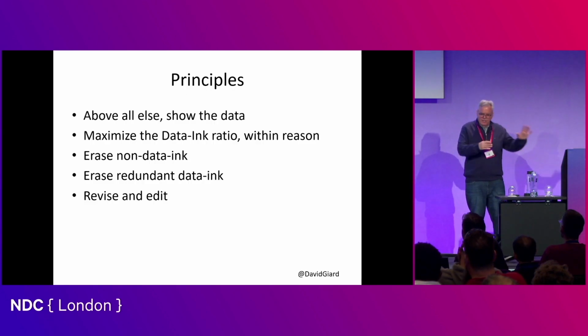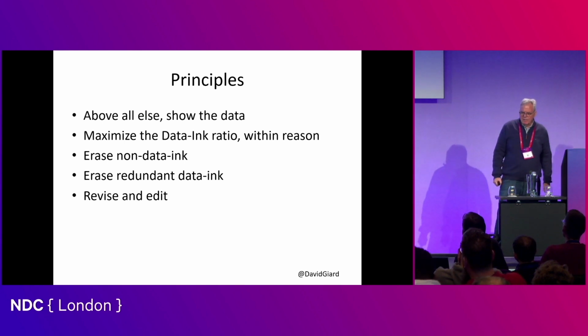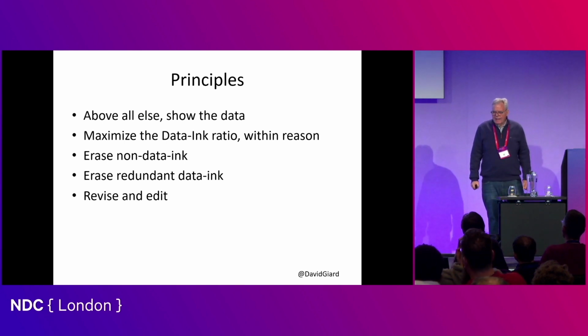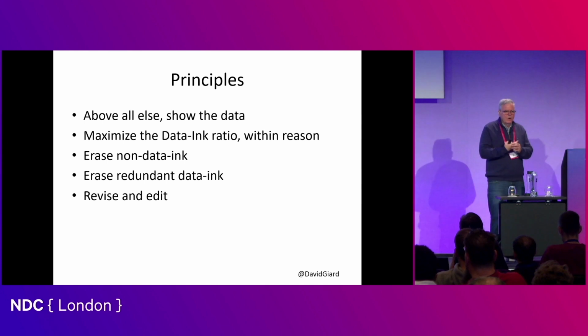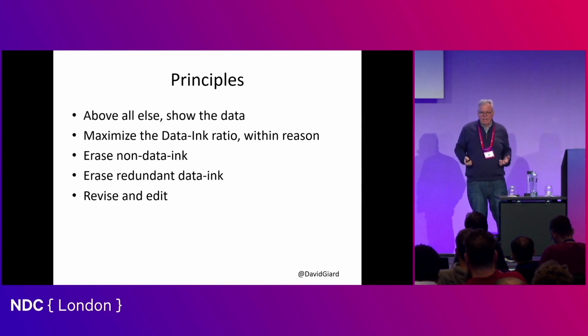All right, so this section here, just some takeaways from it, and I'll provide a link to the slide deck if anybody wants it afterwards. Number one, what is the data? What are you trying to show? And show that data. Number one priority is the data over everything else. And think about the data ink ratio. This was like an epiphany for me.